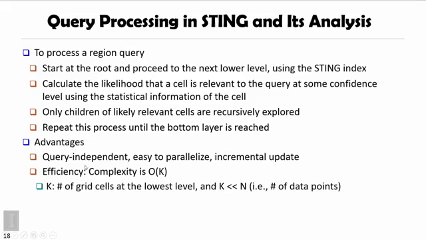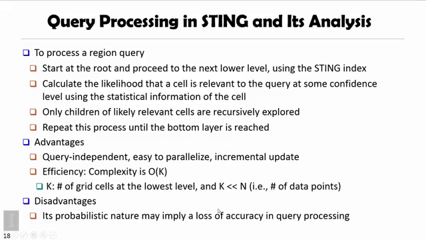The advantage is this structure is query independent, and the process can be easily parallelized, and we can do incremental update as well. Also, the efficiency is very good. That means the complexity is quite low, because if K is the number of grid cells at the lowest level, then the complexity is big O linear in K, while K is much less than N, the number of data points.